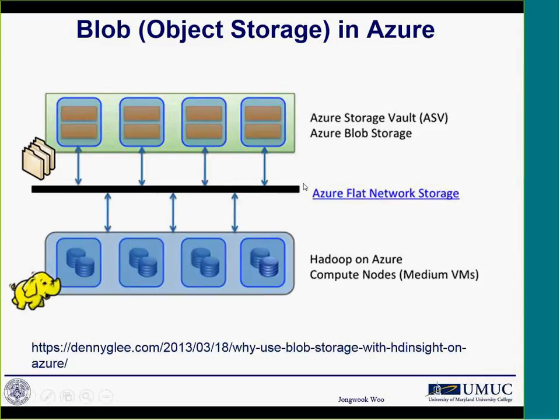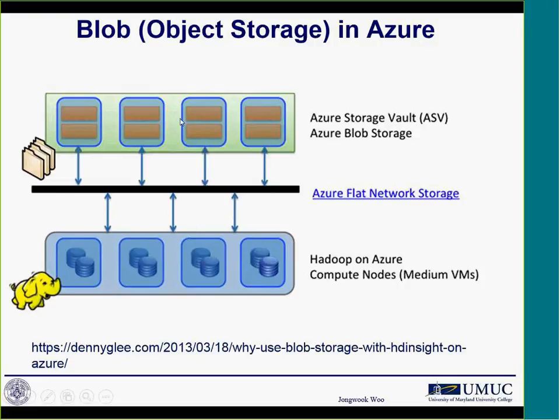But if you take a look at cloud computing, for example, Azure Object Storage, because IBM Bluemix doesn't provide that much detail about its object storage. If you take a look at it, the storage servers and computing nodes are separated, and there is a network between these two.